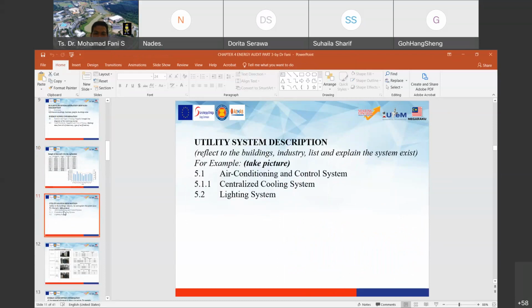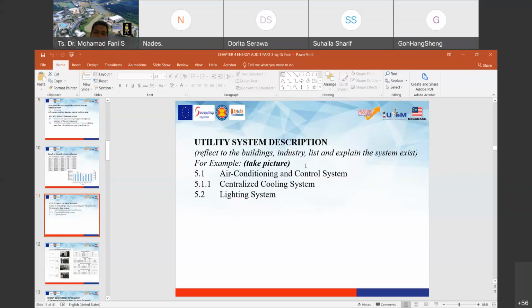And utility system description, this one, section 5, reflects the building or industry: list and explain the existing systems. So what kind of electricity system or equipment system do they have? For example, here, air conditioning system and control system, centralized cooling system, or lighting system.